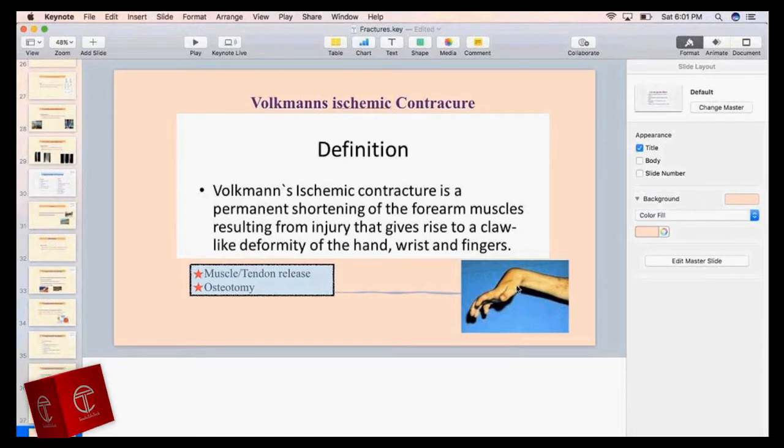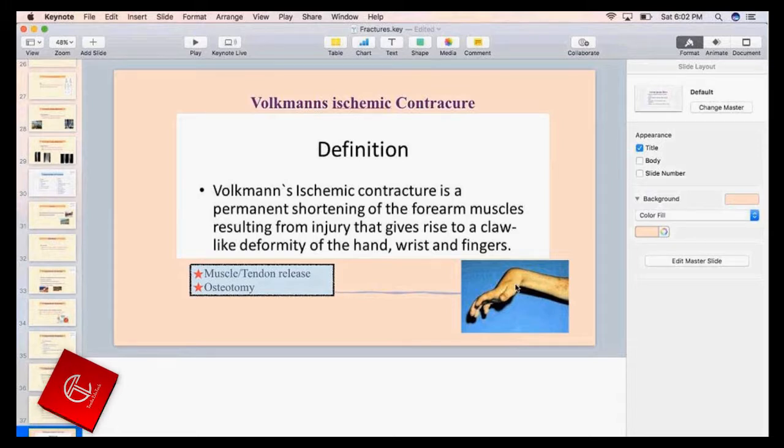So when you try to extend the wrist joint, what will happen? The claw will be increasing because there will be a fixed tendon length phenomenon, what we call it like that. Fixed tendon length phenomenon. The tendon length and muscle length is fixed. It lost its capacity to stretch.